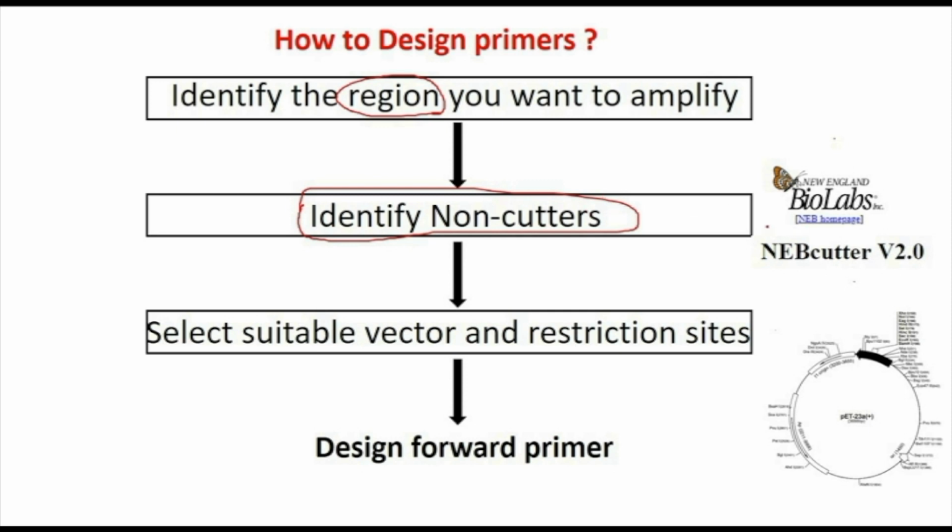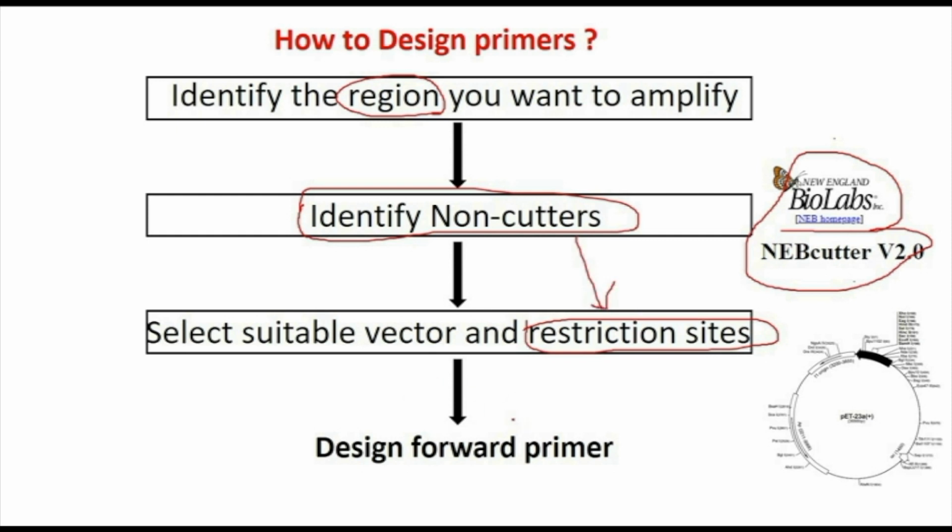There are various software available, but we can use New England Biolabs NEBcutter version 2.0. After identifying non-cutters, you have to select a suitable vector in which you want to integrate this amplified region, and suitable restriction sites. You will get suitable restriction sites from non-cutters.